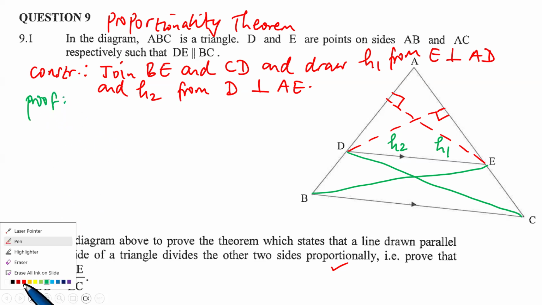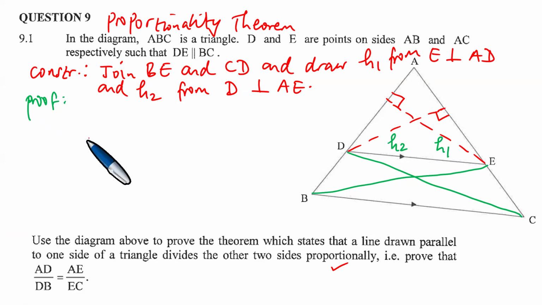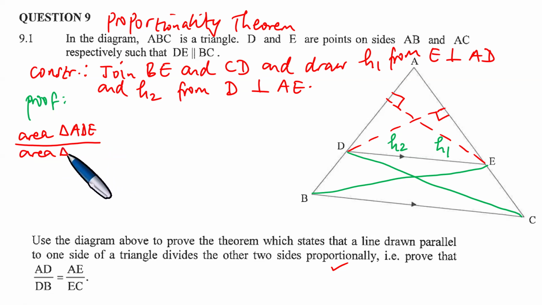In presenting the proof, we write it in red. And we then say area of triangle ADE over area of triangle BDE.